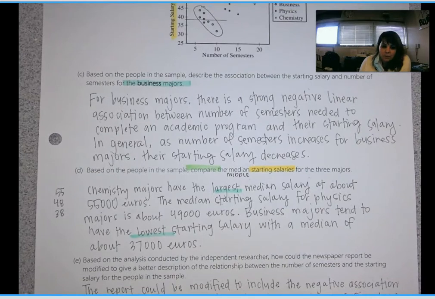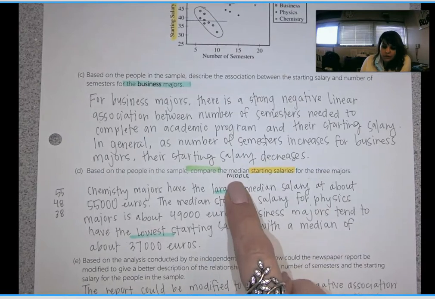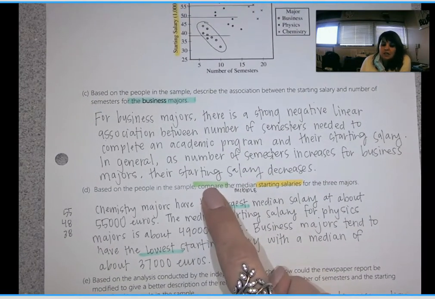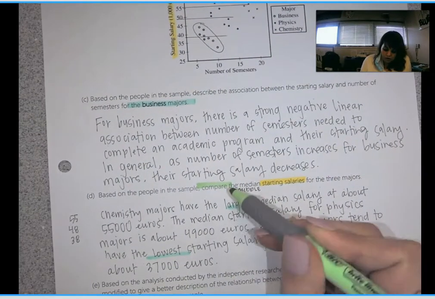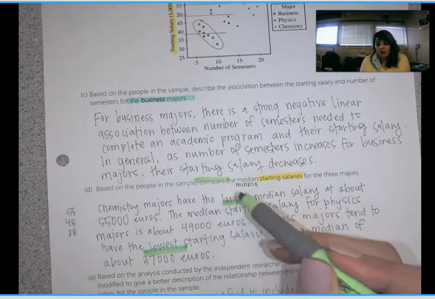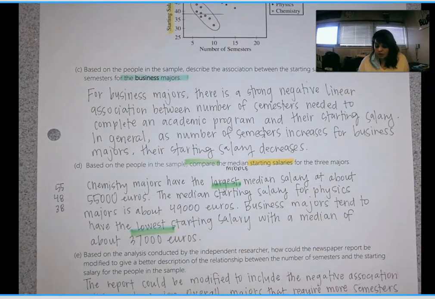Based on people in the sample, compare the median starting salaries for the 3 majors. I have written here middle. I have highlighted the word compare because it is important that we use comparing words. I meant to highlight these in green. So I highlighted compare in green, and I'm verifying that I have comparing words.